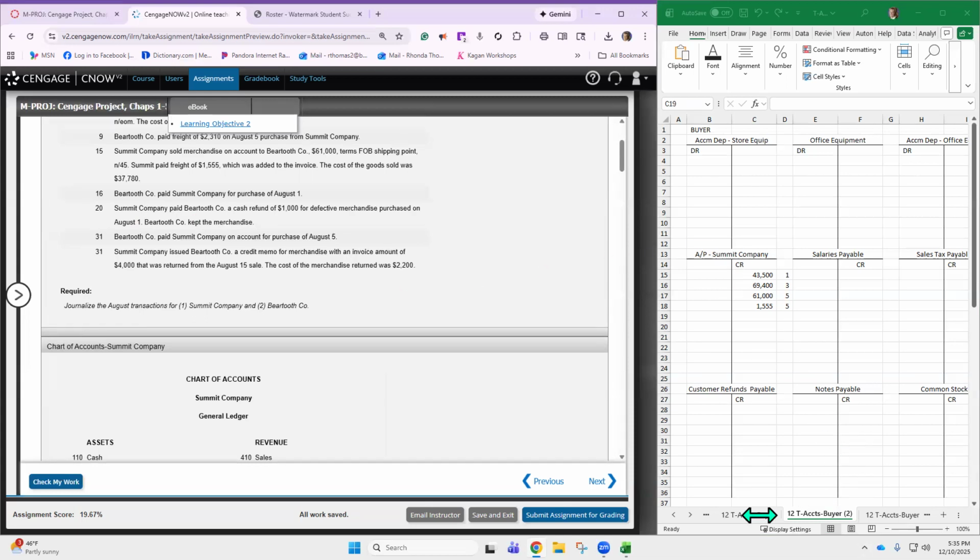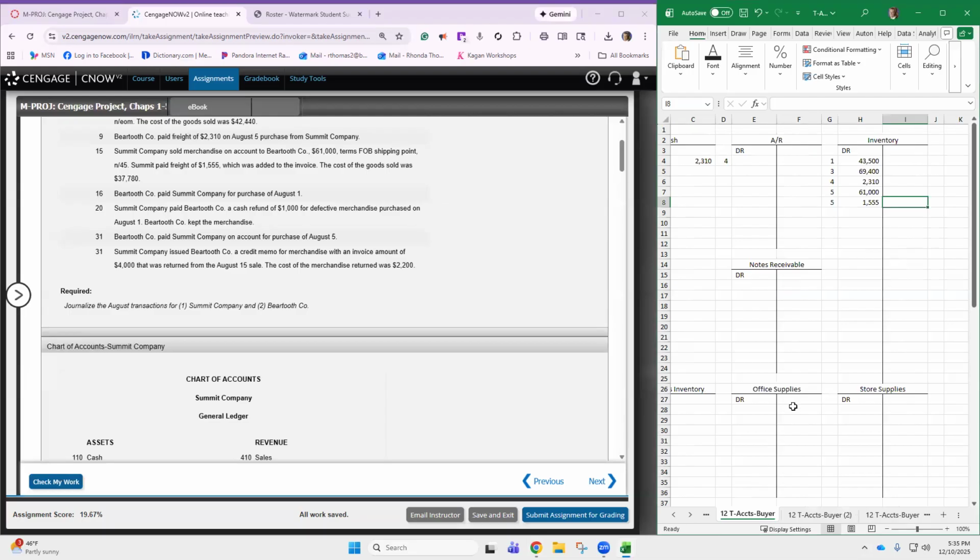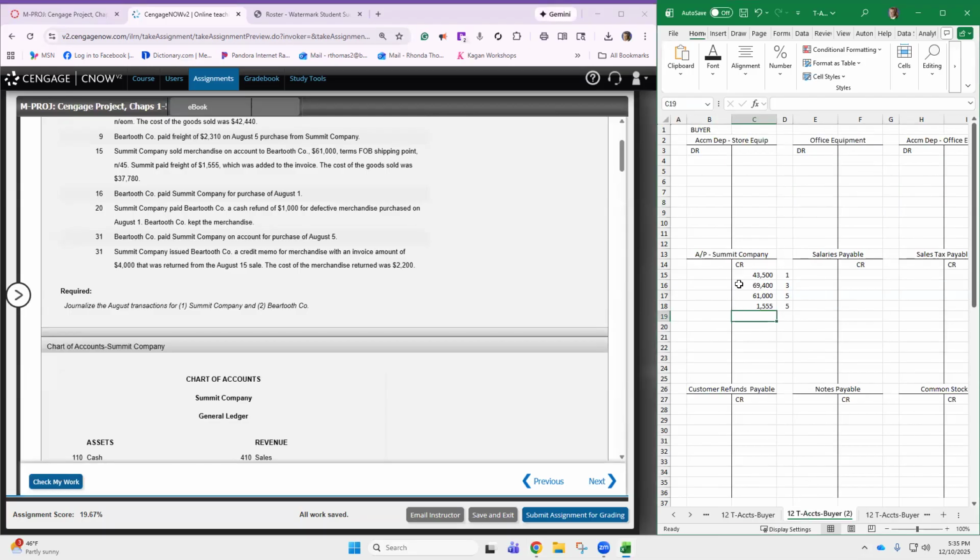So if you go look at the buyer's T accounts, or when you go look at accounts payable, here's the first account we need to pay. That's the amount we need to pay. So we're going to make accounts payable go down by 43,500, and this is going to be transaction 6.